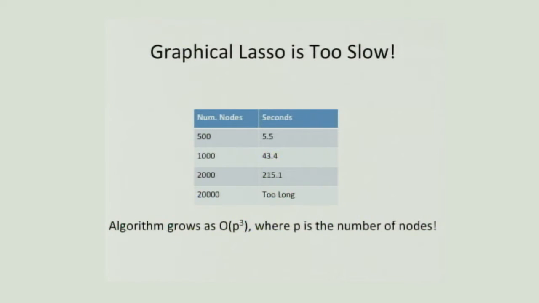The algorithm scales as O of p cubed, where p is the number of nodes or genes. So if I have 500 genes, it takes me 5.5 seconds, no problem. If I have 2,000 genes, it takes me like 3.5 minutes, which is fine. But if I have 20,000 genes, it's going to take me 10 cubed as long.